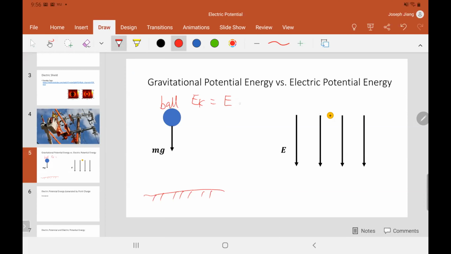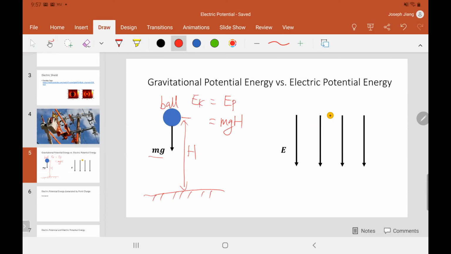And the potential energy of this ball depends on the height this ball falls, right? Suppose the height is capital H, then we know the weight of the ball is mg. Then the potential energy is equal to mgh. Okay, this is the potential energy of the ball in the gravitational system, or under gravity.